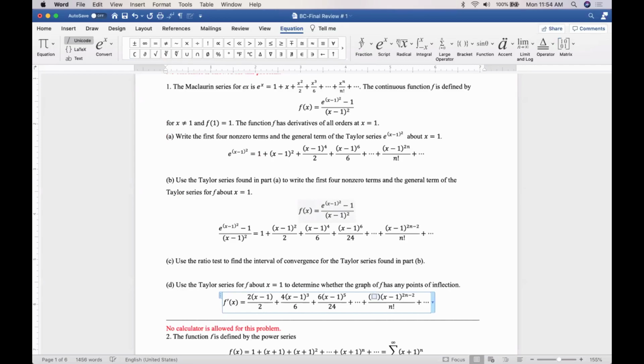I'm sorry, 2n minus 2 minus 1, right? That means minus 3? No, minus 1 is here. That makes this minus 3, right?